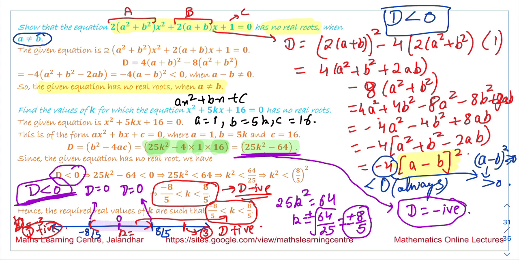Next is: find the value of k for which the given equation has real roots. The first equation that is given to us is kx square minus 6x minus 2 is equal to 0. For this we have calculated the value of discriminant. It comes out to be 36 plus 8k, and we are saying that this should be greater than equal to 0.